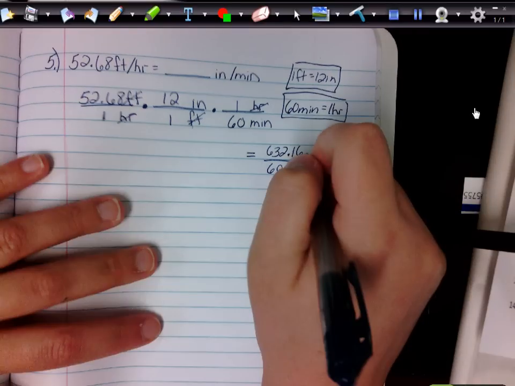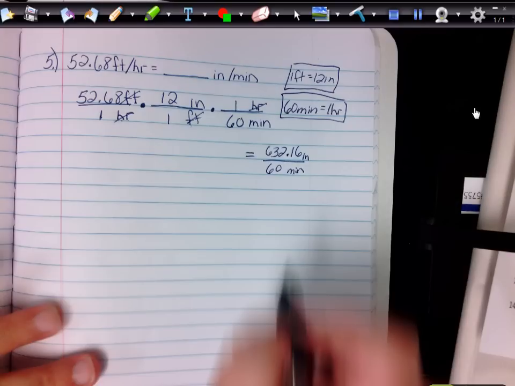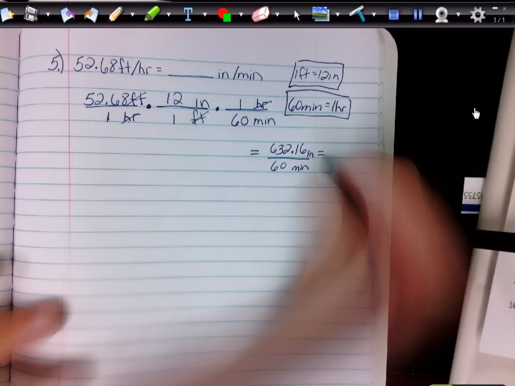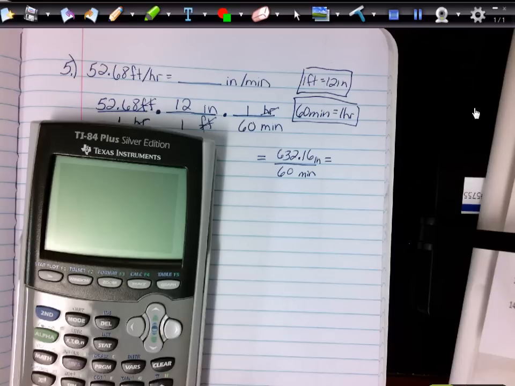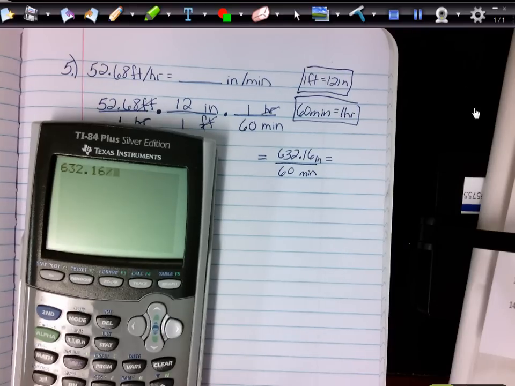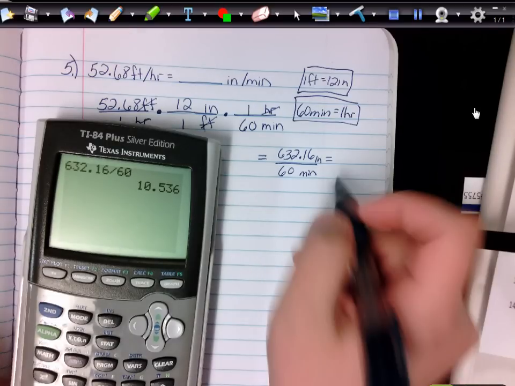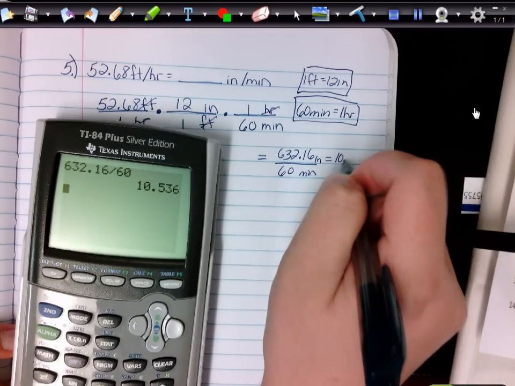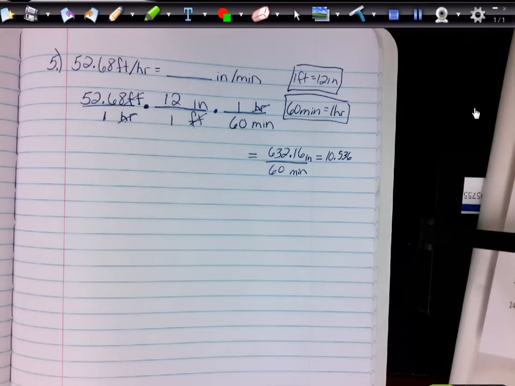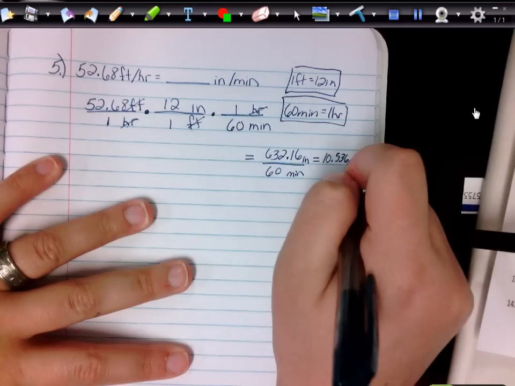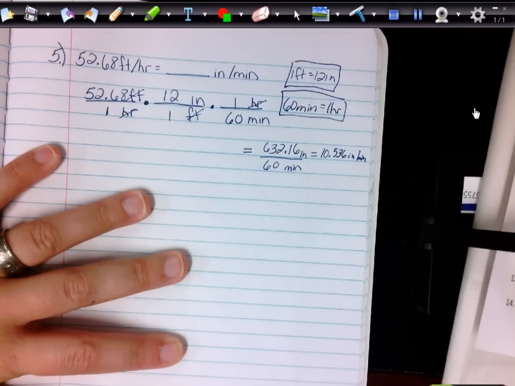And this is inches over minutes. So I'm just going to divide those. Again, need that calculator. 632.16 divided by 60 minutes gives me 10.536. And that's going to be inches per minute. Sorry, I was running out of room there.